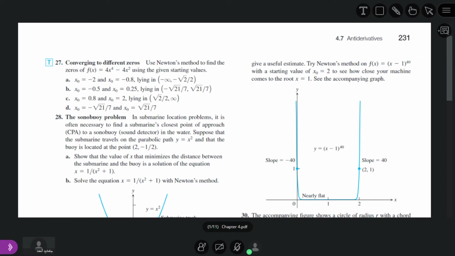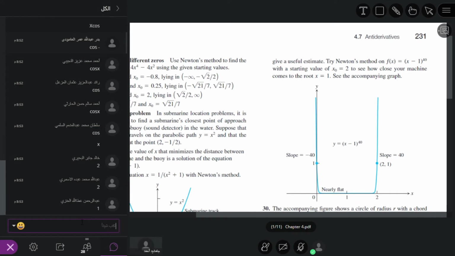Because the antiderivative is the opposite of this. The derivative of x squared is 2x.